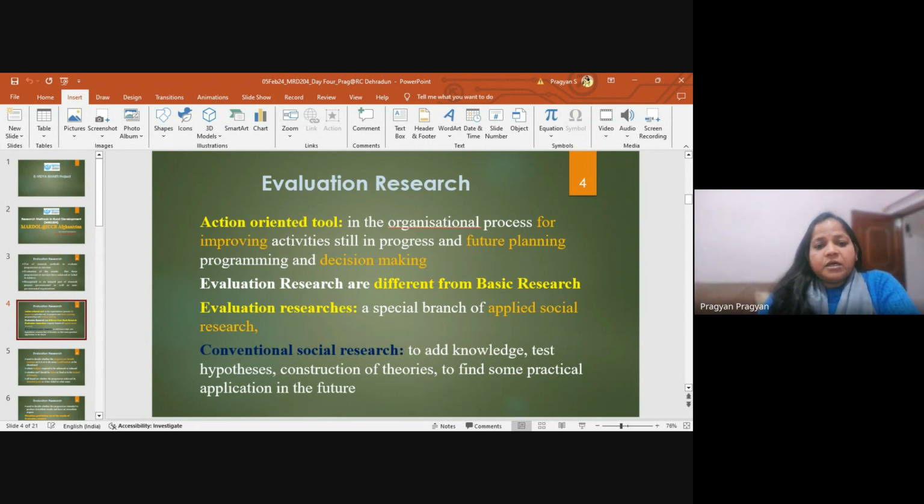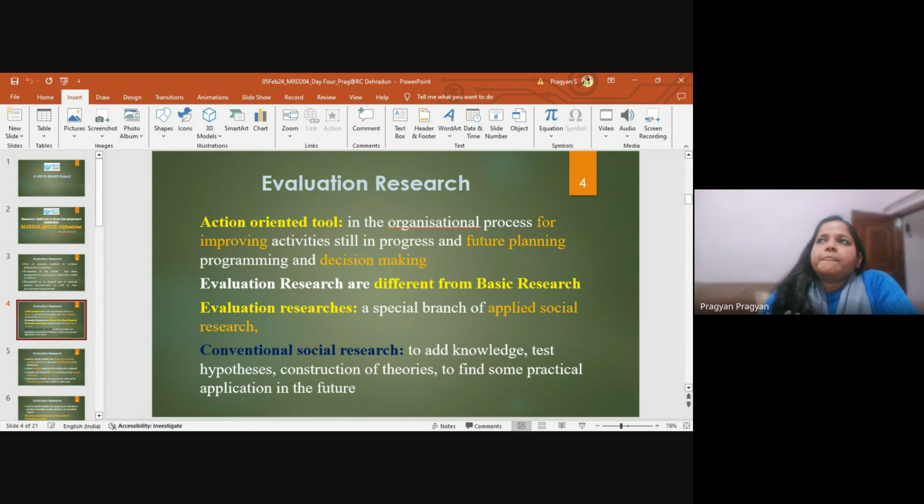That means evaluation research methods are quite different from basic research, and sometimes we also try to understand research methods like evaluation research as a special branch of applied social research. It's a kind of applied social research because this is a kind of praxis.